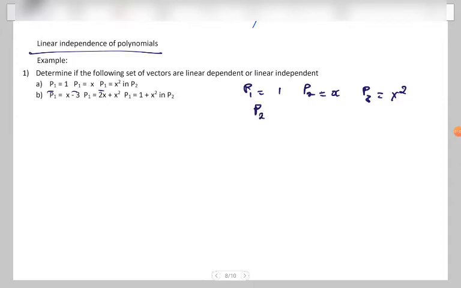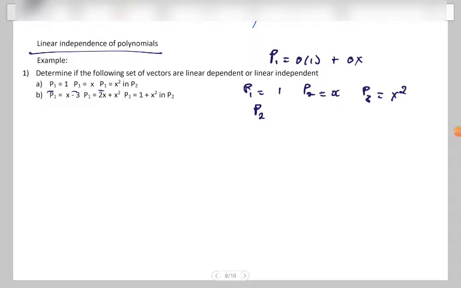So for the polynomial, if vectors are in P1, then you have a 0, 1, and you add that to 0x. So this is P1 of polynomials.